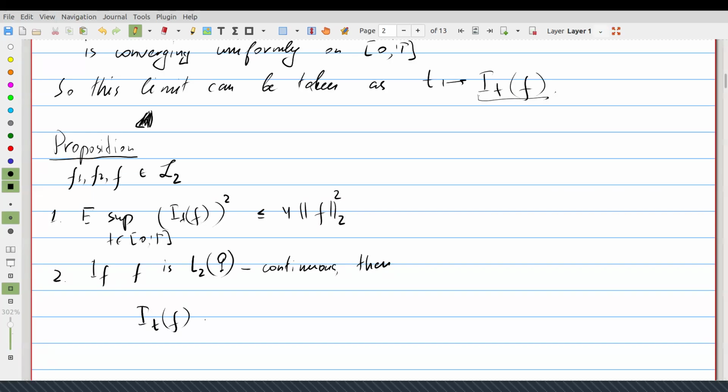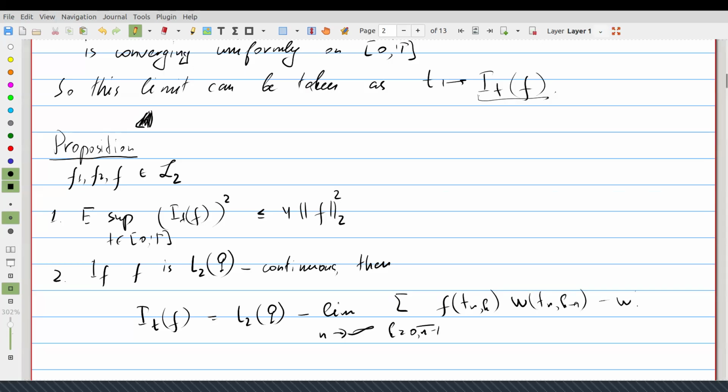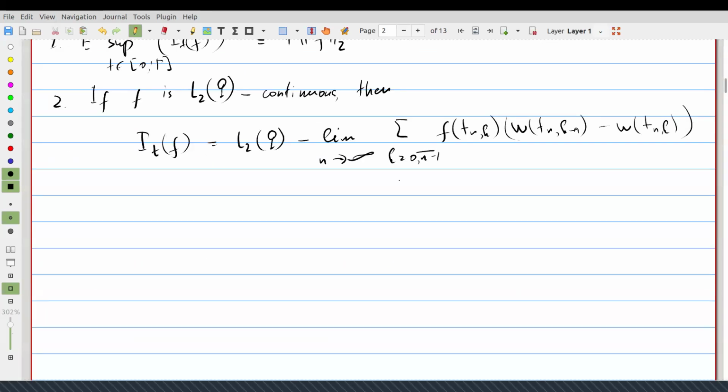Then we can actually construct our stochastic integral as a limit of Riemann sums of special form. So we can't just take any Riemann sum, we need to take a Riemann sum where the value of this function is taken at the left end of our interval. And here t_k is just k t divided by n.